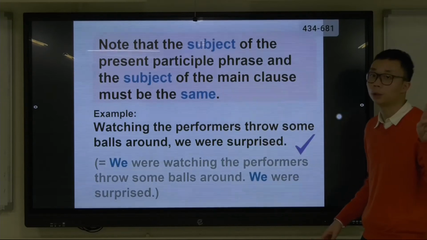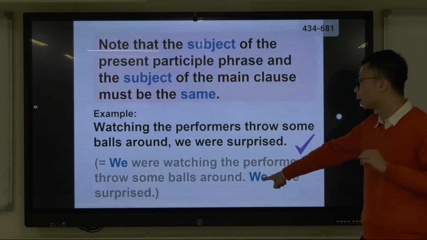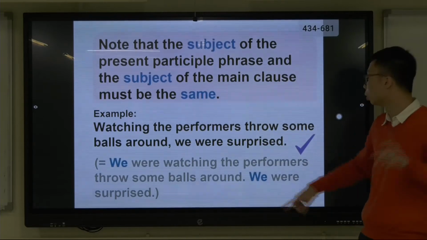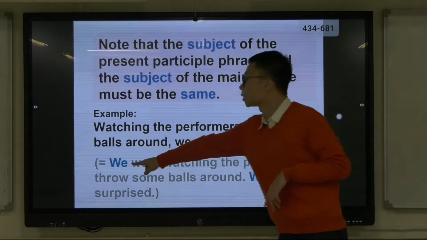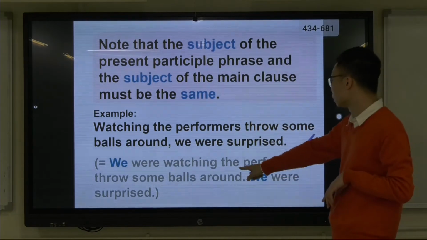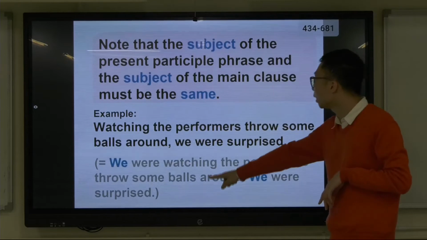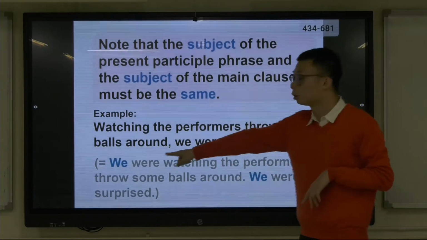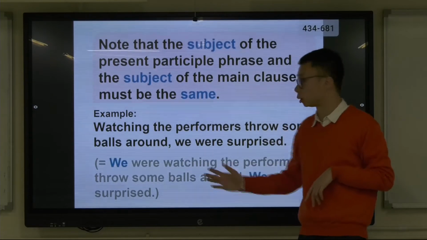I already mentioned what the subject is: normally the first word, 主语. So here, the subject is we. We were watching the performers throw some balls around. We were surprised. Both subjects, this we and that we, are the same, identical.